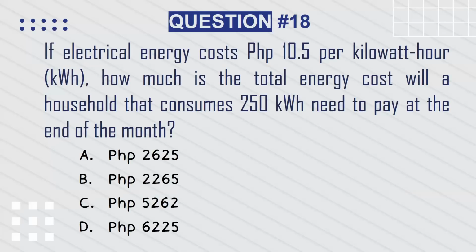So here, the correct answer is A, 2,625 pesos. What we did here is to multiply the kilowatt hour, which is 250, times the base price per kilowatt hour, which is 10.5. So that gives us 2,625 pesos.